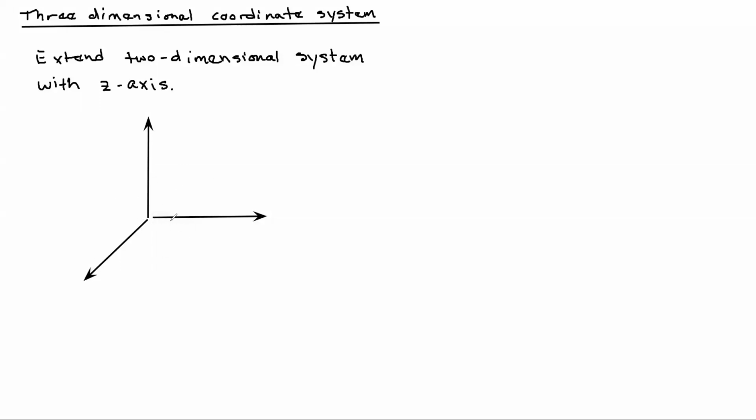And in this case, the two-dimensional coordinate system, you can think about it like it's the floor. It's actually down here. So we think of this as the x-axis, and this is the y-axis. And then the z-axis is coming up here, perpendicular to the plane. It's coming up off of the plane. And the angles in all these cases are 90 degrees. So 90 degrees between x and y, which of course is normal.